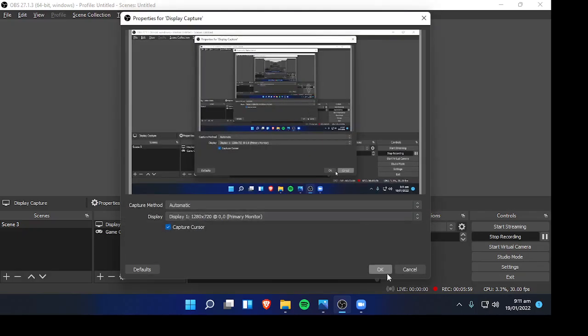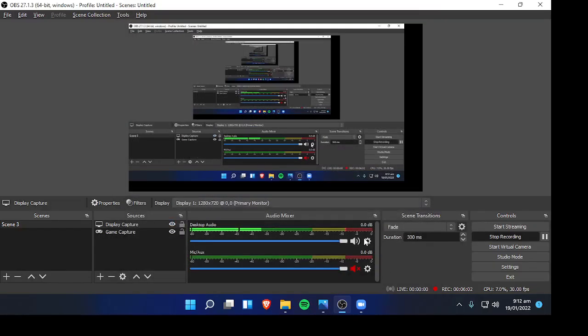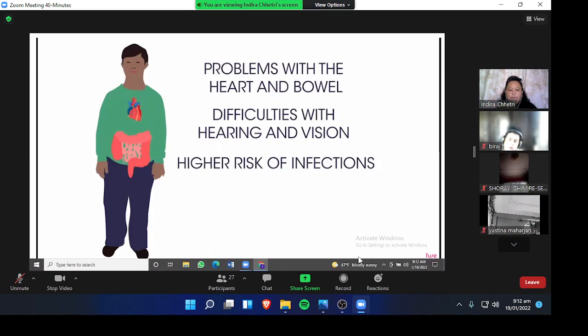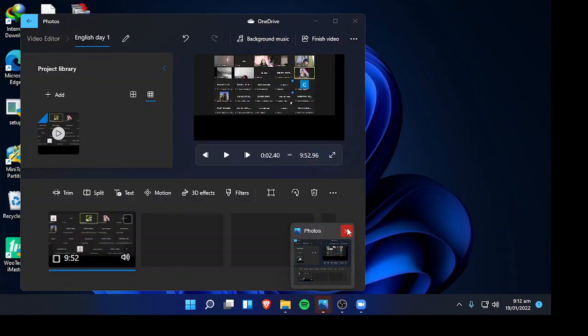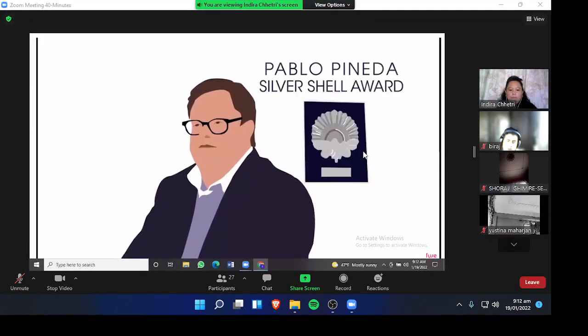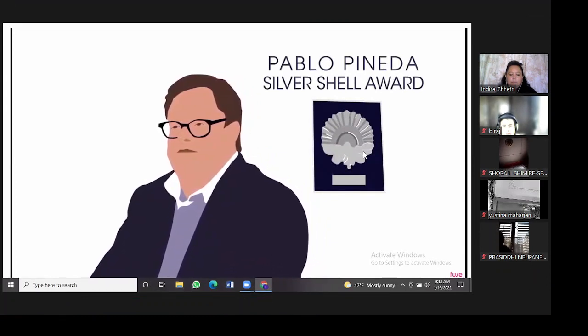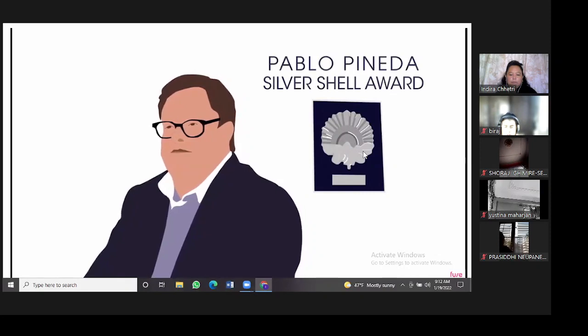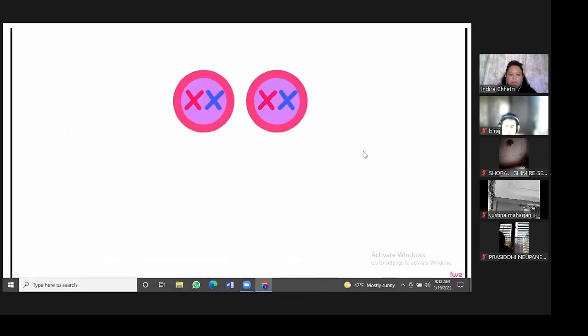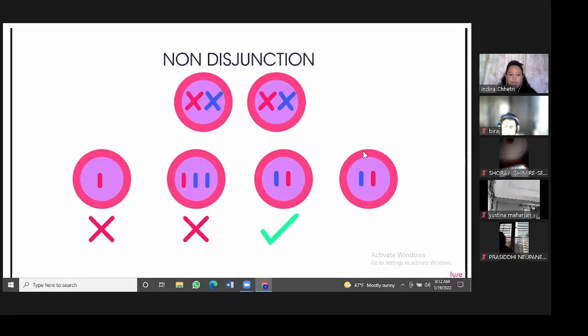Some conditions more common in people with Down syndrome include problems with the heart and bowel, difficulties with hearing and vision, and a higher risk of infections. However, everybody who has Down syndrome may be affected in different ways. Pablo Pineda, for example, a Spanish actor who won a Silver Shell Award in the San Sebastian Film Festival, was also the first person with Down syndrome in Europe to get a university degree. He now has two. Non-disjunction does occur with other chromosomes, but these usually result in miscarriage.